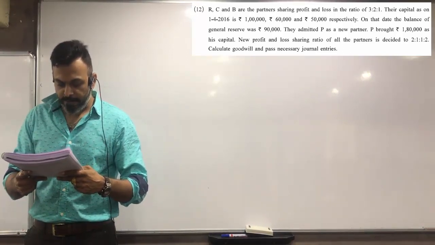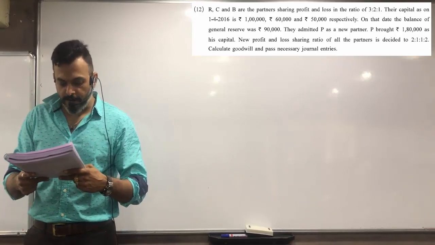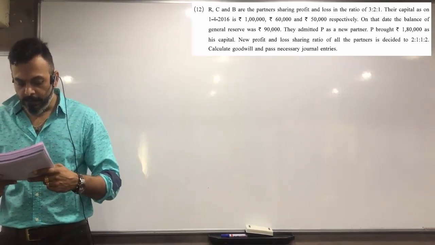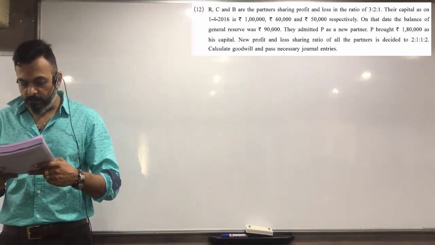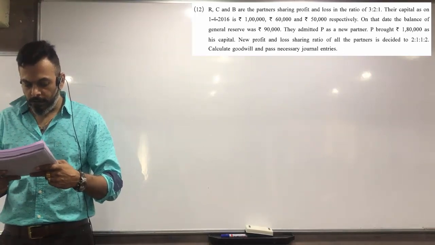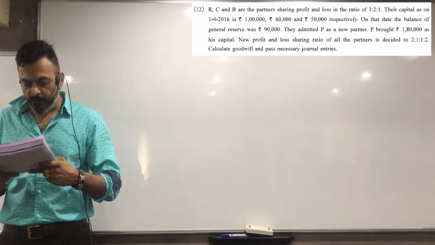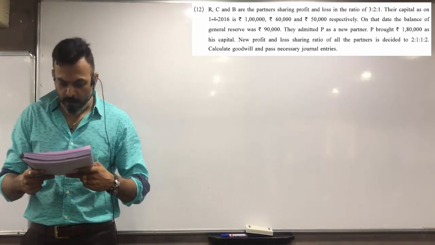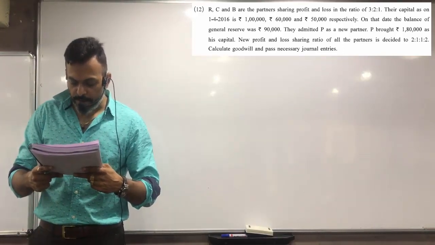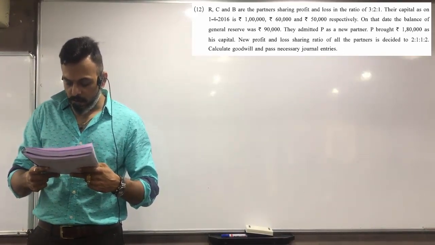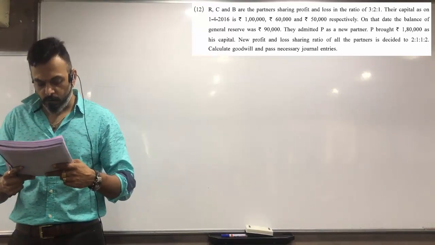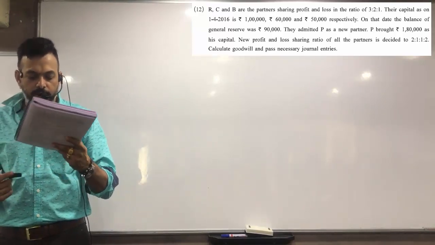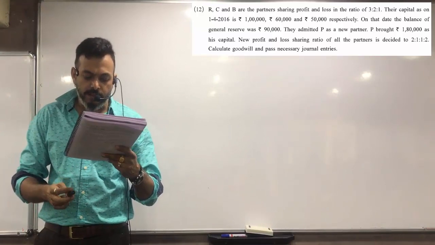On that date, the balance of general reserve was 90,000. They admitted P as a new partner. P brought 1,80,000 as his capital. New profit and loss sharing ratio of all partners is decided to be 2:1:1:2. Calculate goodwill and pass necessary journal entries.